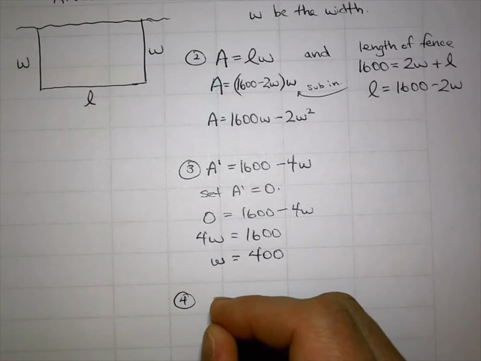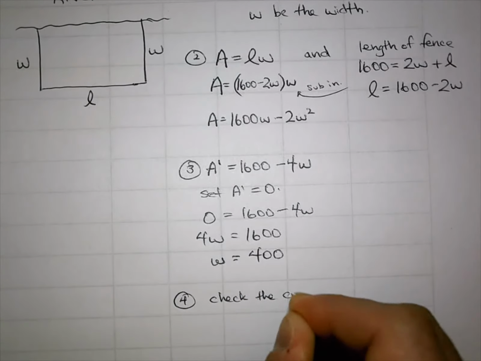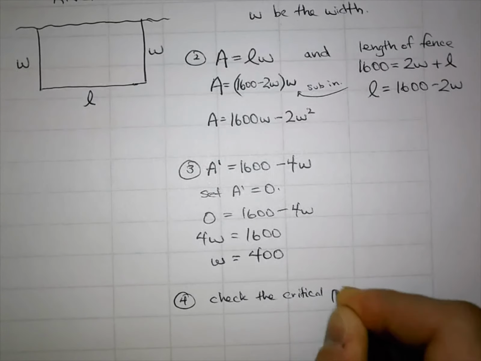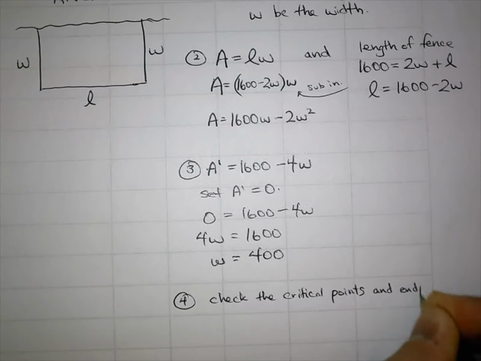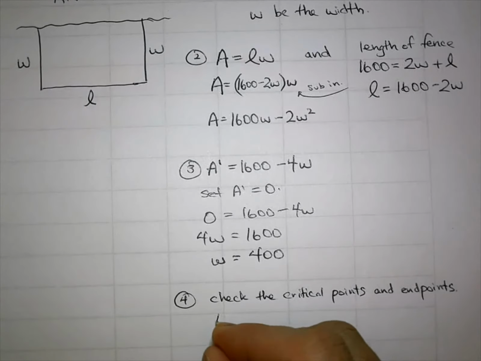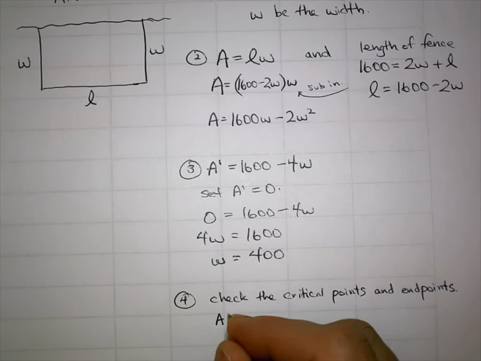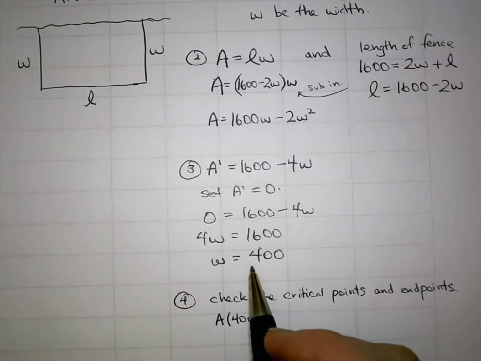So I'm going to check the critical points and endpoints. So I have my area at 400. That was my critical point, so I'm going to sub that in.